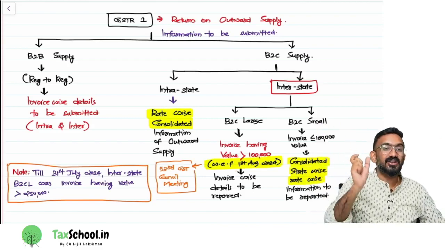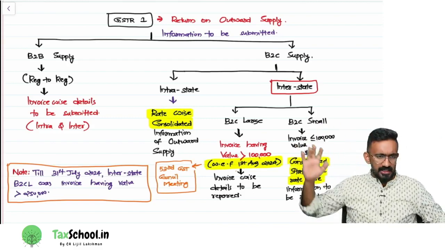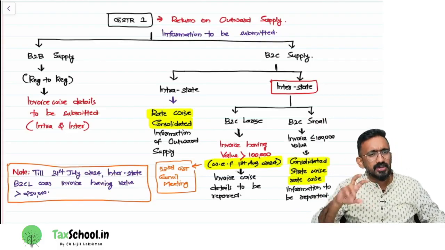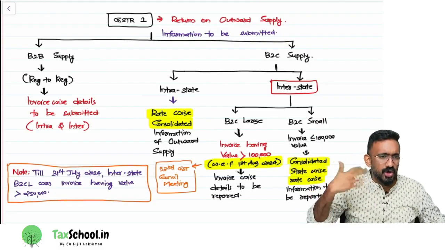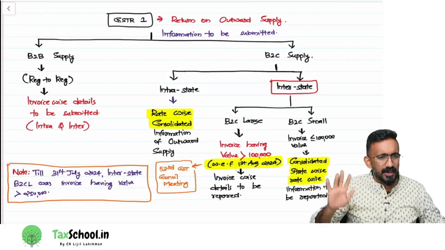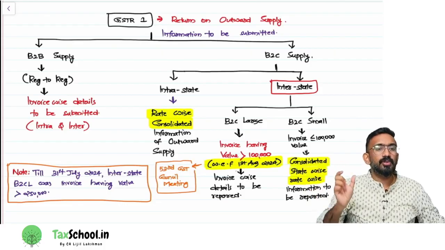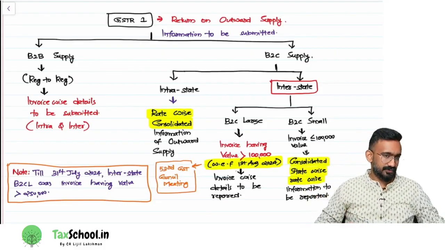What is the due date of filing this? Normally, there is something called QRMP, the Quarterly Return Monthly Payment Scheme. If you are not under that, if you are on the monthly payment, monthly return scheme, then you will file this return on or before the 11th of the subsequent month.